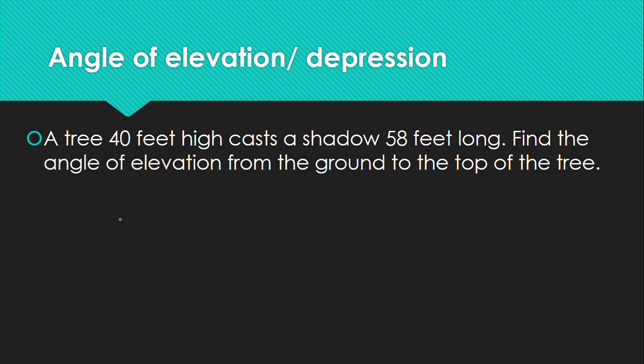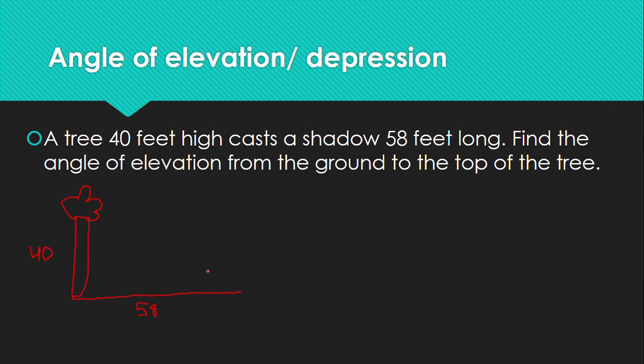Anytime I get a word problem, I draw a picture. So I have a tree that's 40 feet high. That's really bad, but there's my tree, and that's 40. And it says it has a shadow that's 58 feet long. Shadows are on the ground, so there's my shadow, 58.